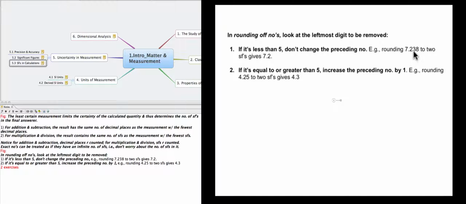You check to see whether it is less than 5 or not. If it's less than 5, then you don't change the preceding number, so the result is 7.2. If it's equal to or greater than 5, then you increase the preceding number by 1. For example, you are trying to round off 4.25 to 2 significant figures. You should write your result as 4.3.